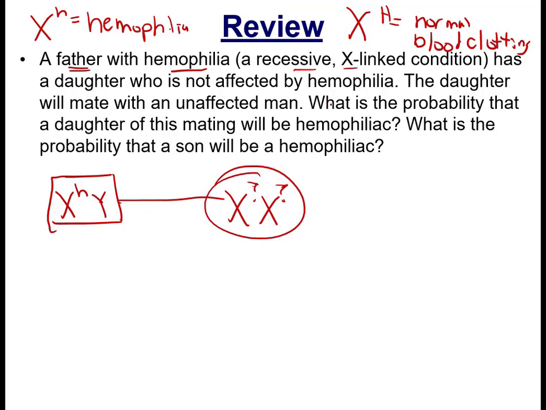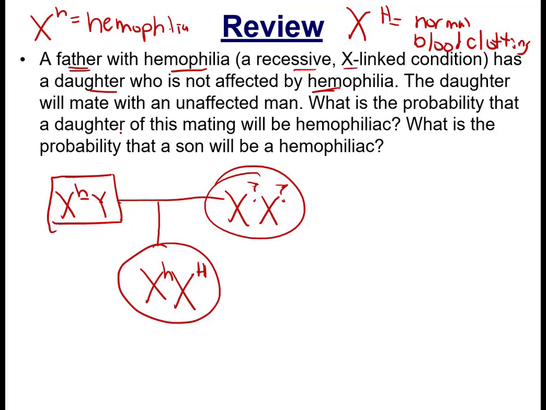So this pair is going to have a daughter who is not affected by hemophilia. So we know this daughter must be XX. We know that she inherited at least 1 little h, but if she's not affected with hemophilia, we must know that she's a carrier. The other one must have a big H.